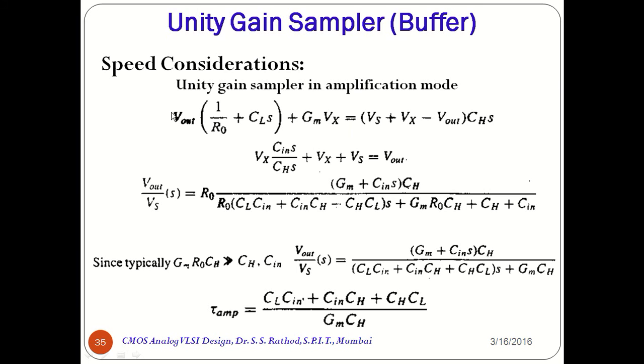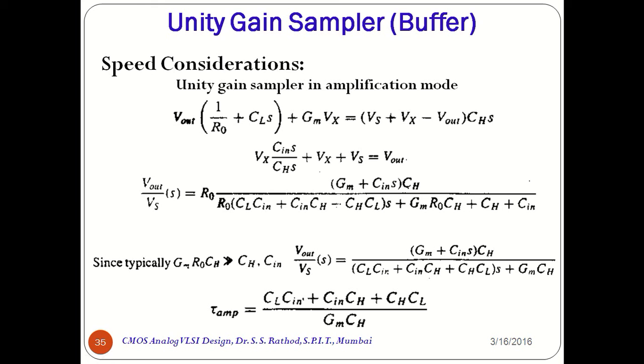So for this circuit, now write down the equations. The equation will be: Vout is (1 by R0 plus CLs) plus GmVx is equal to (Vx minus Vout) times Ch s. Now since the current through capacitor Cin is Vx Cin s, you can write Vx Cin s upon Ch s plus Vs is equal to Vout.